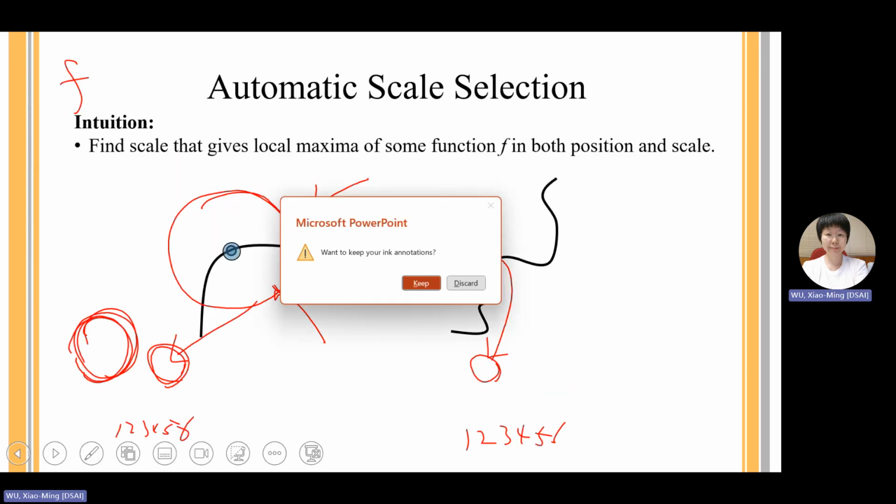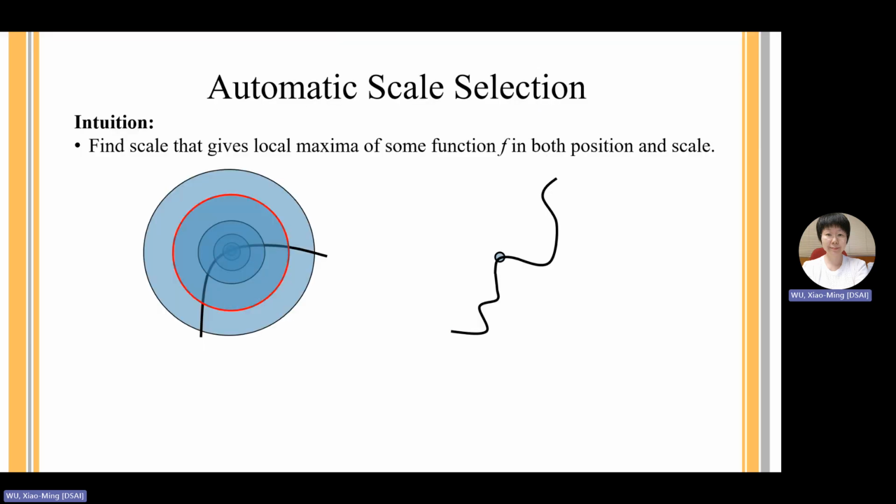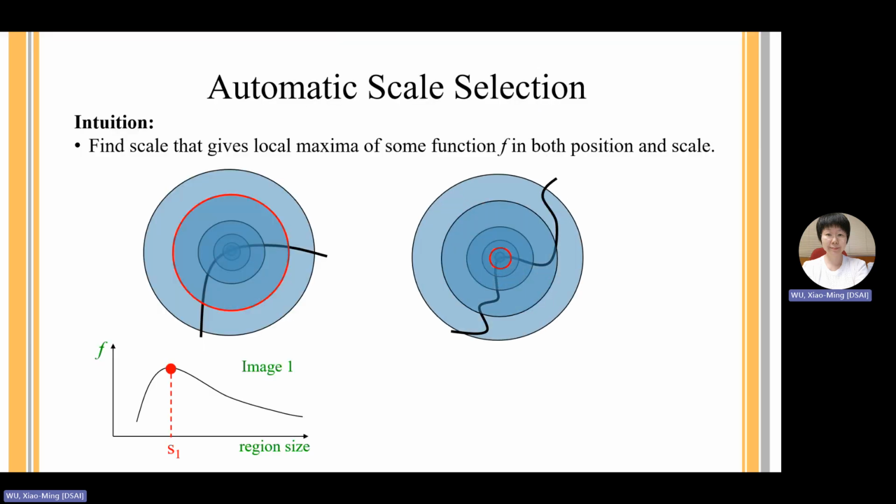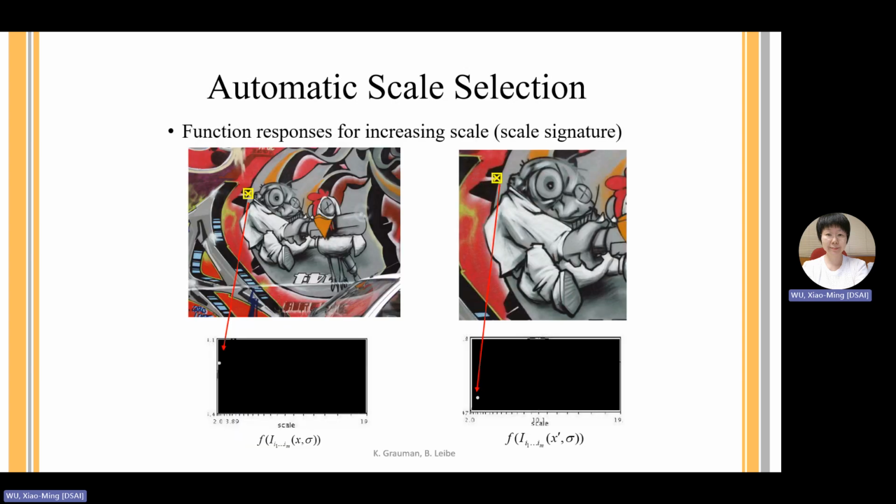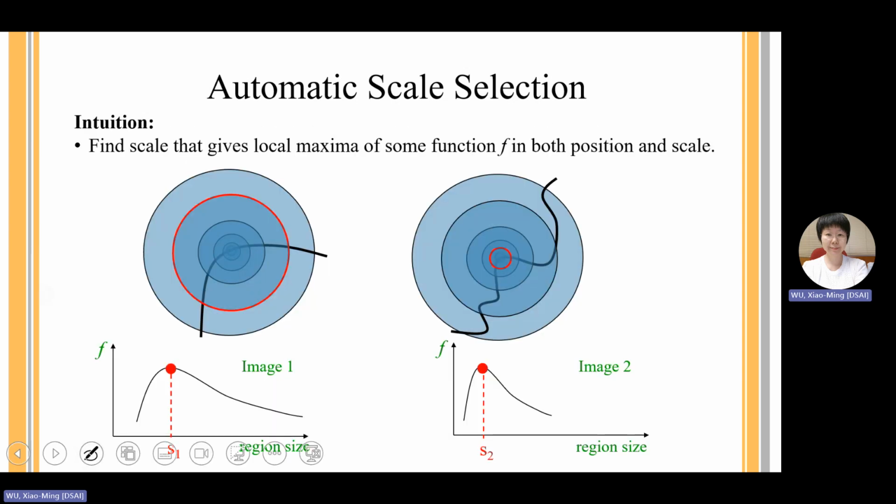Well, this assumes that we have such a good function f, and this good function f will help us to choose the best scale, the best window size. The function f is well designed such that when the size is right, you will achieve maximum response.